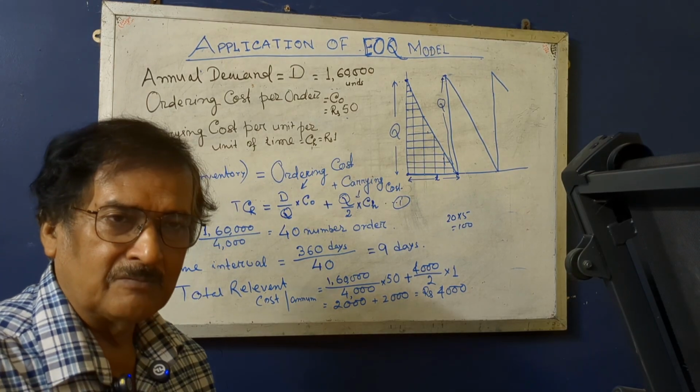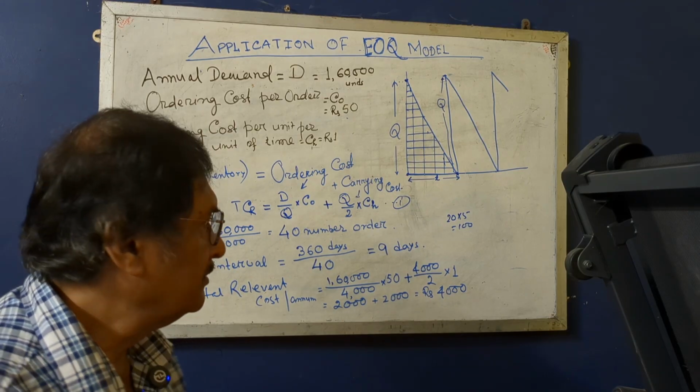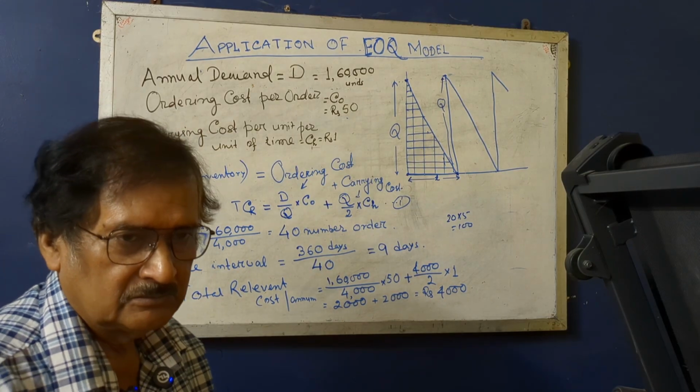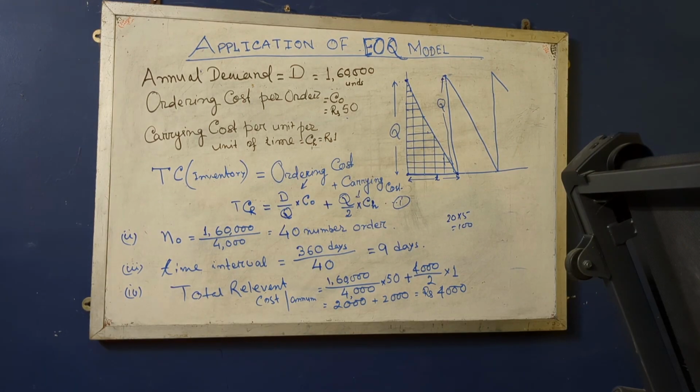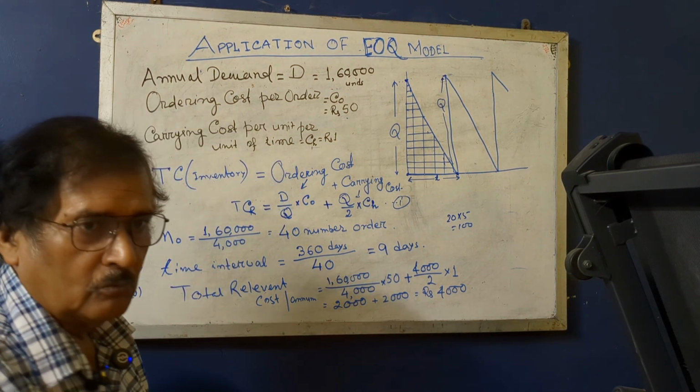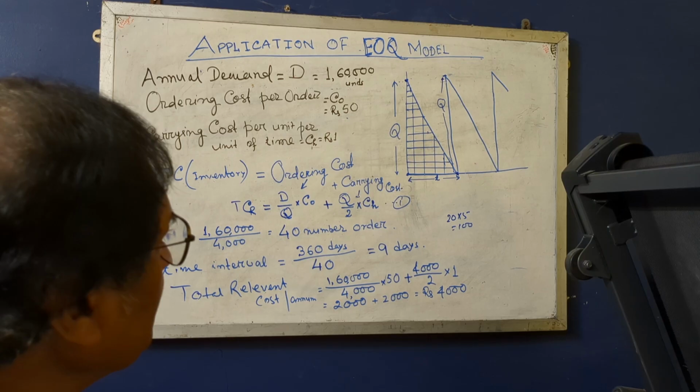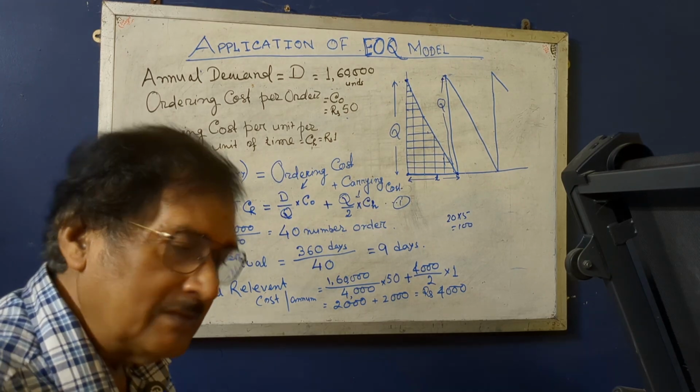I have also done it in my separate video. You can check it. It is slightly more complicated than this. So when the price discount is given, then you have to apply that model.